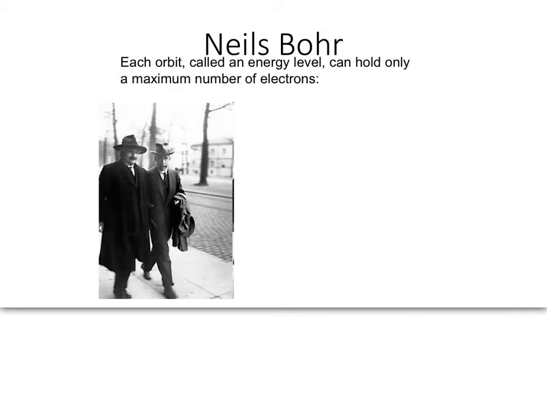He also was able to determine that each ring has a certain maximum number of electrons. As you go through certain levels, you're able to get more spectral emissions from some levels and not others, and that's because there's only a certain number of electrons that can fit.